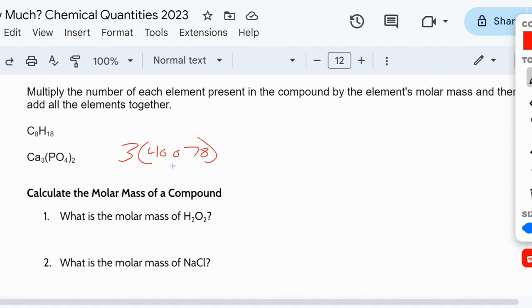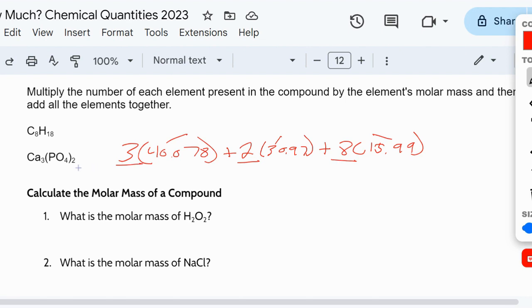That came from the molar mass of calcium on the periodic table, plus 2 times 30.97, plus 8 times 15.99. Okay, all of these come from the periodic table.